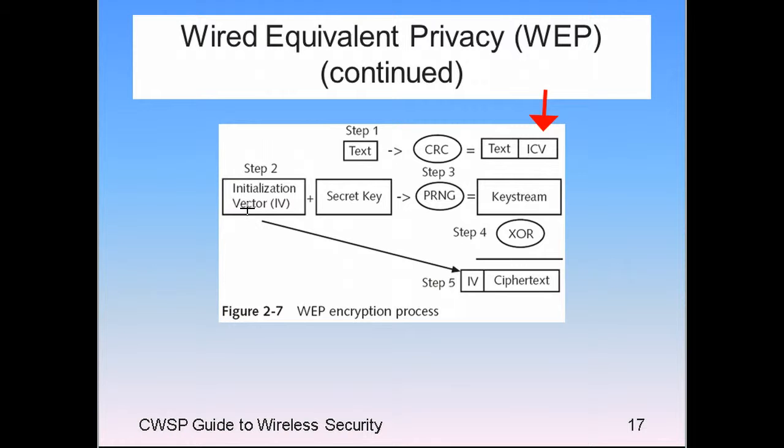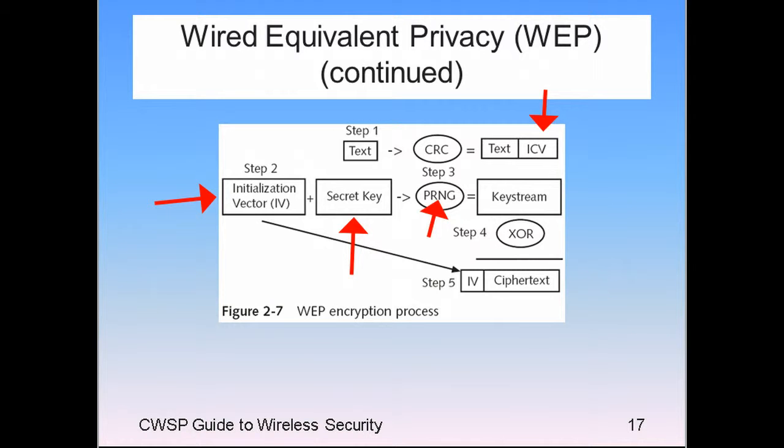Then we get the initialization vector plus the secret key, the 24-bit plus the 40-bit. We'll use the 64 since I can do the arithmetic. And then we get a pseudo random number generator, and from that we get a key stream.